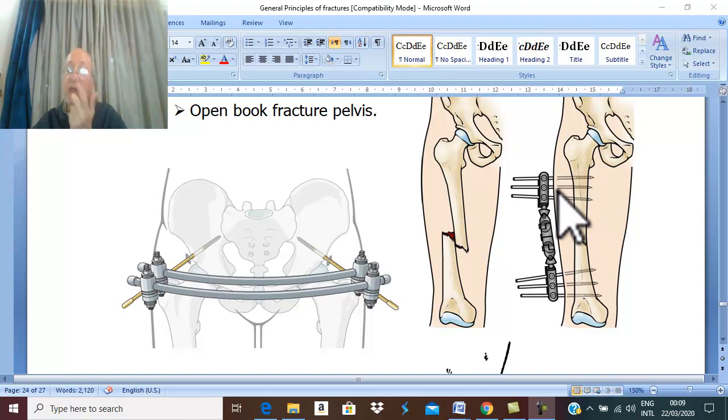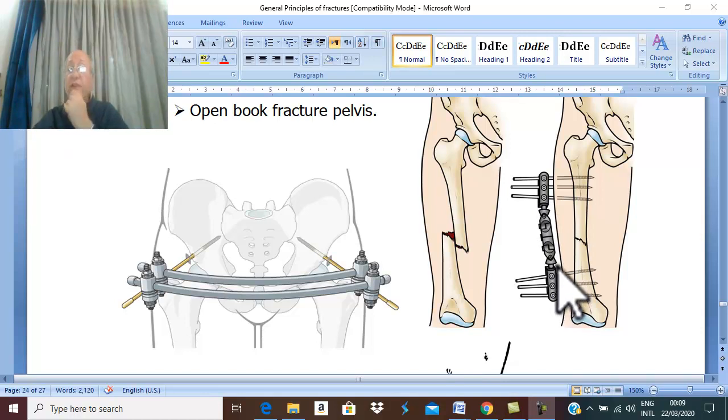External skeletal fixator, the idea consists of pins passing in the proximal fragment of the fracture, and pins passing in the distal fragment of the fracture. And these pins in the proximal and distal fragments are connected together by a special metal frame.